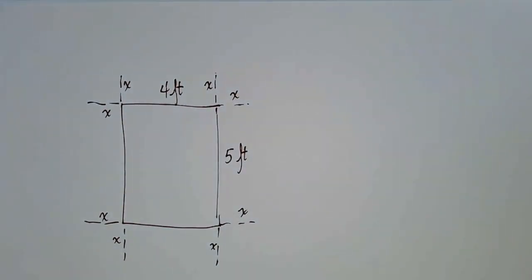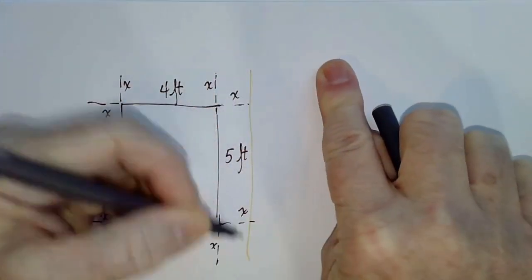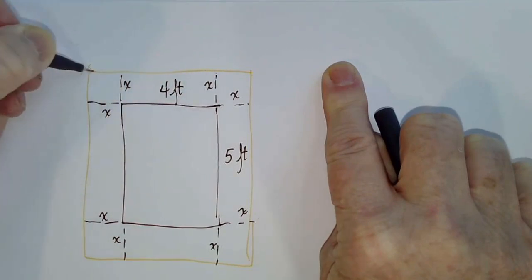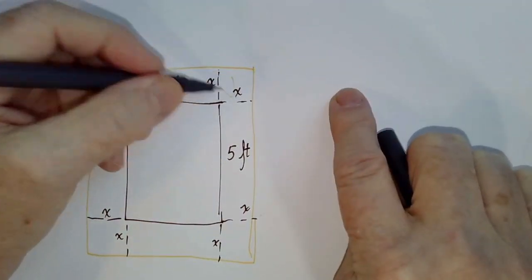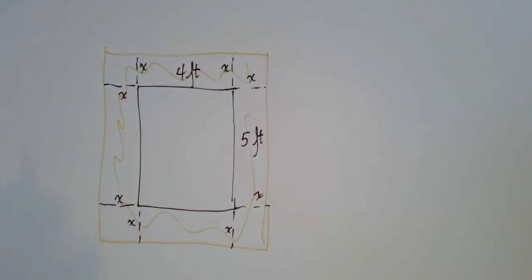So here's the border. This yellow squiggly area is our border. So let's see how we can make a function from this.